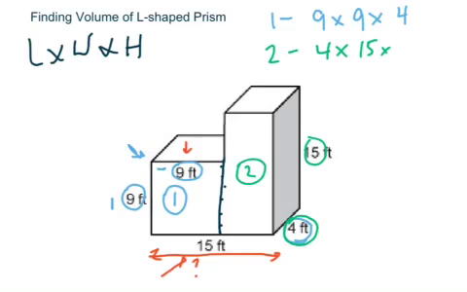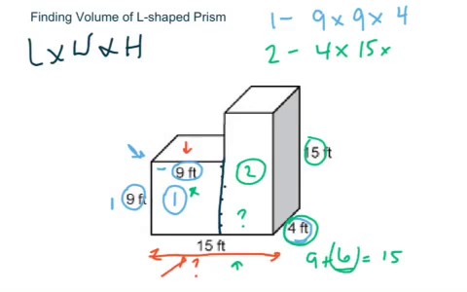Now, this is where I have to use this line down here again. I know it's not 15 feet because that's both shapes combined. And now that I know that this over here is 9 feet, I got to think of it like this. 9 plus something is 15 feet. And that's going to give me this measurement. And it's 9 plus 6.